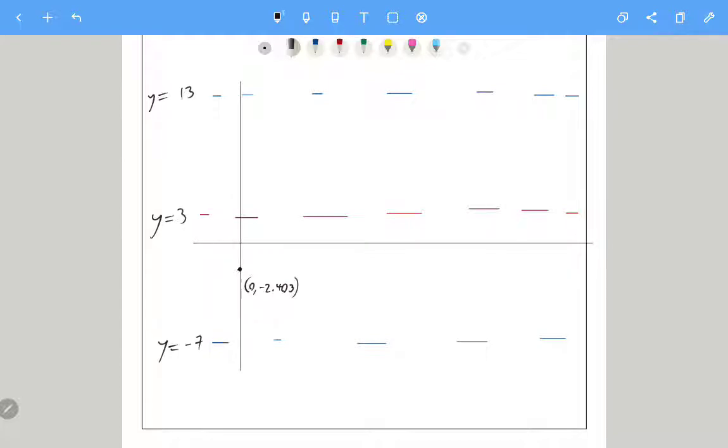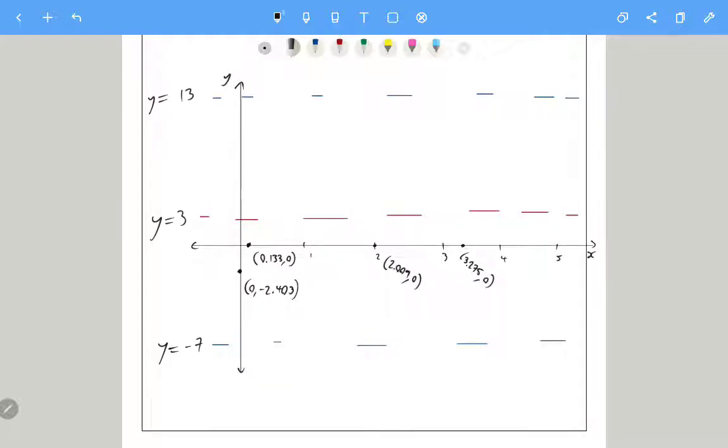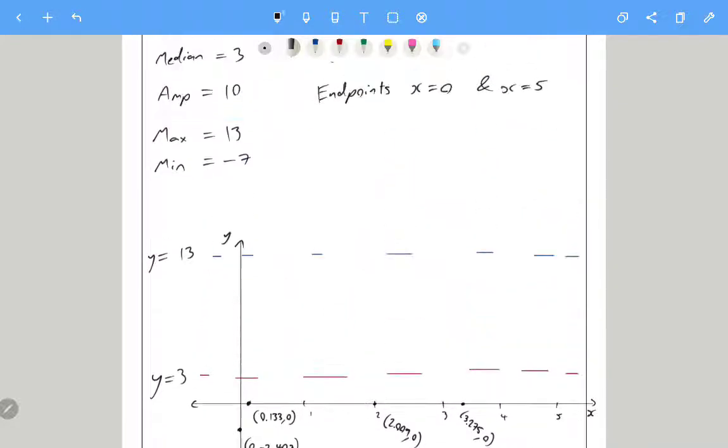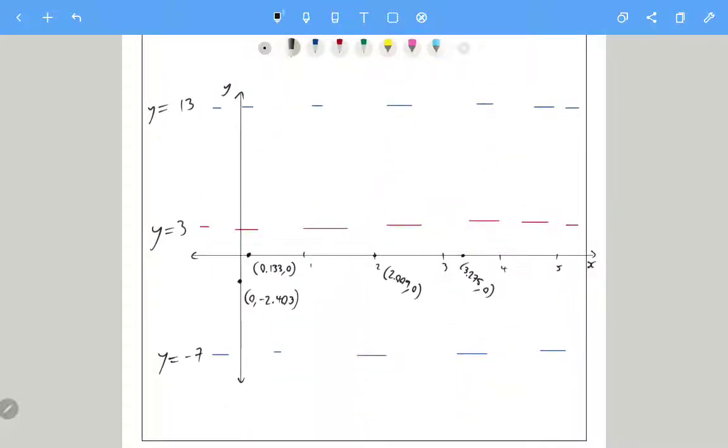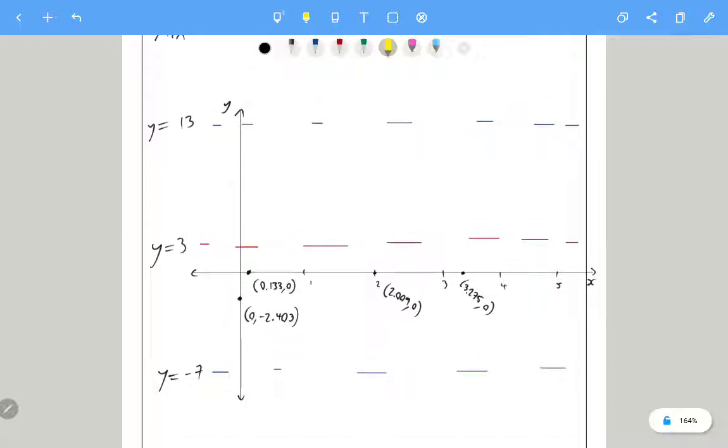Then I can start putting in other pieces of information like all my x-intercepts. So I've put in my x-intercepts as well. And so what was left? I've still got to do my endpoints. My first endpoint I've already got because that was when x equals 0, which is the y-intercept. So then all I've got to do is work out my other endpoint.